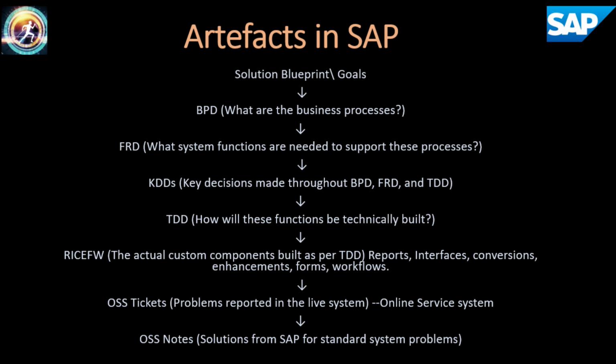So consultants involve the business and make sure the key design decision is taken: this is the flow and these are the changes we are going to make. All of this is documented in the key design decision document. For some enhancements or change requests, the team also builds this document to get approval from all the stakeholders before implementing. It is one of the key artifacts that gets developed.